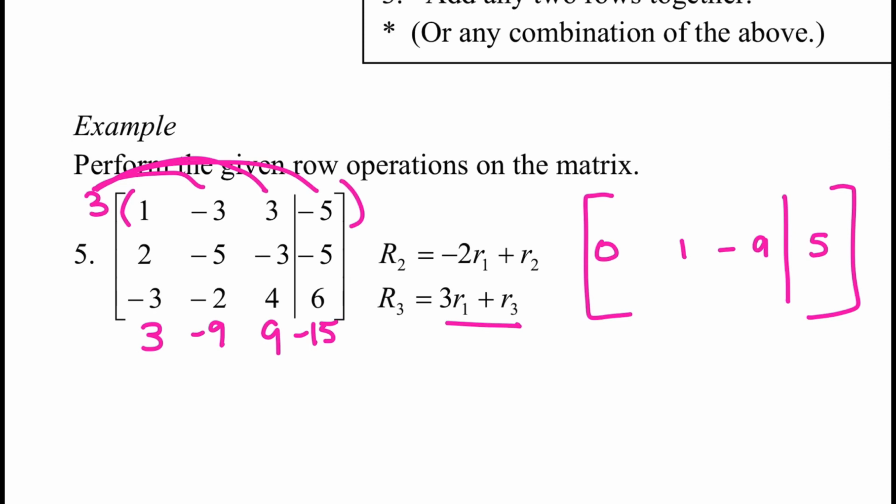And then I'm adding that to row 3. And if I add these, I get a 0. -9 minus 2 is -11. 4 plus 9 is 13. And -15 plus 6 is -9.